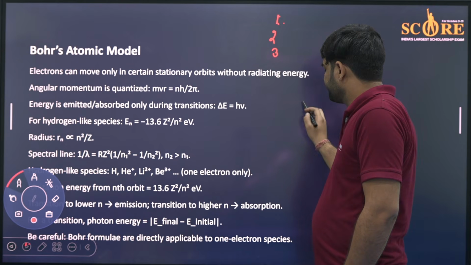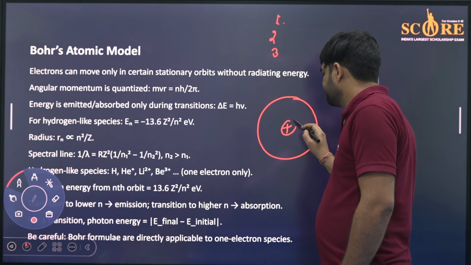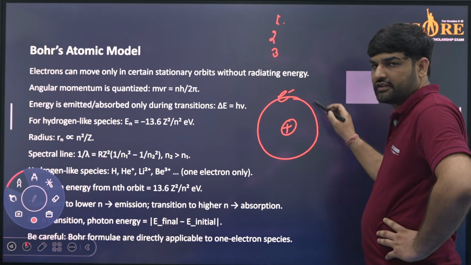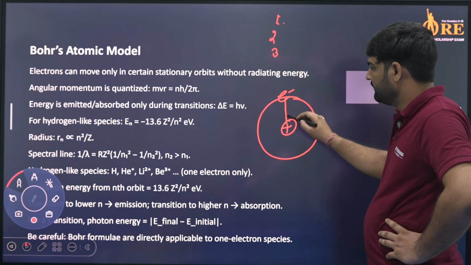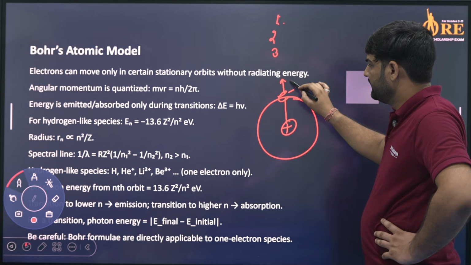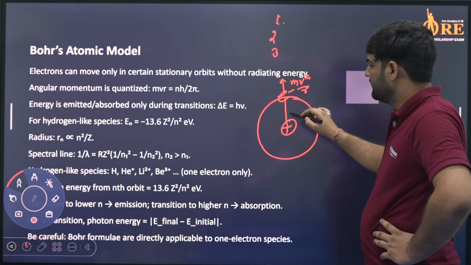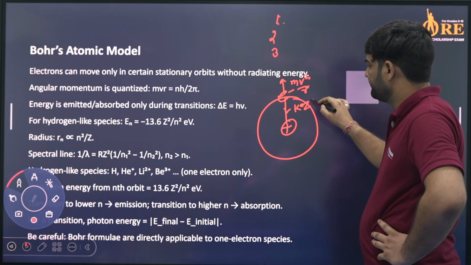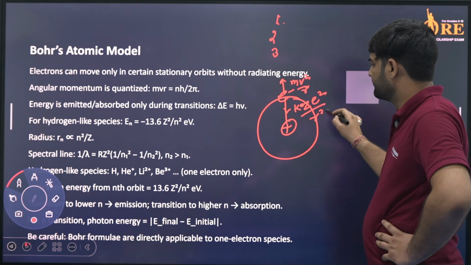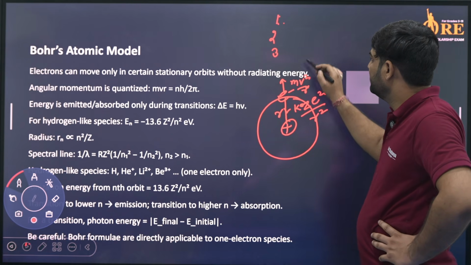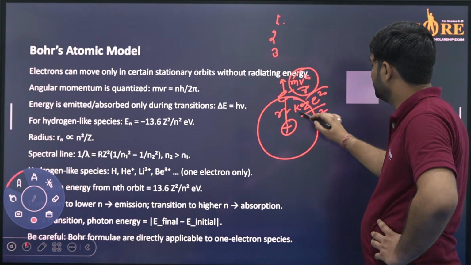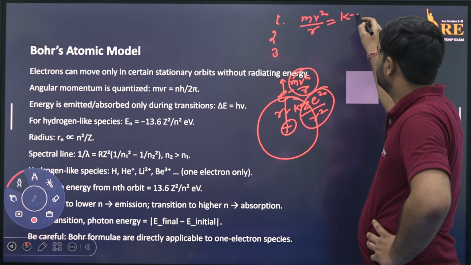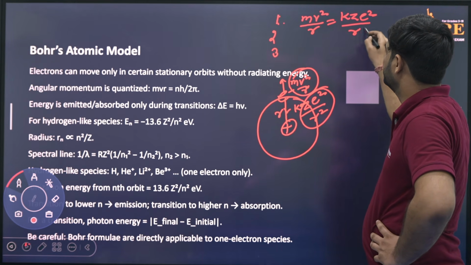He told that an electron is revolving in circular path. When it is revolving in circular path, you know mv square upon r equals k ze square upon r square, if radius is r. So he told that this force will be balanced by this. So this will be mv square upon r equals k ze square upon r square.